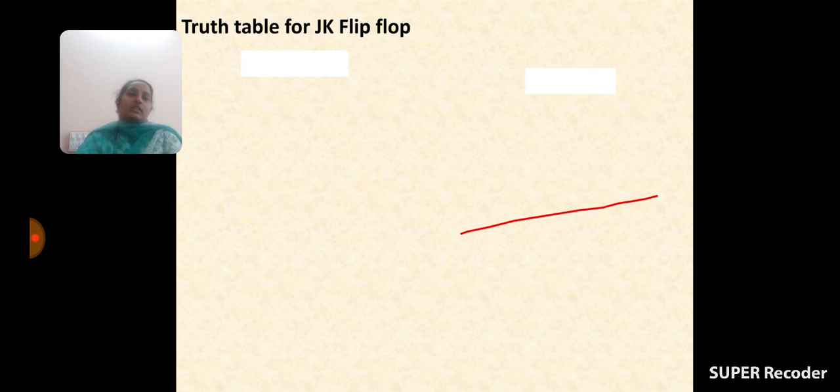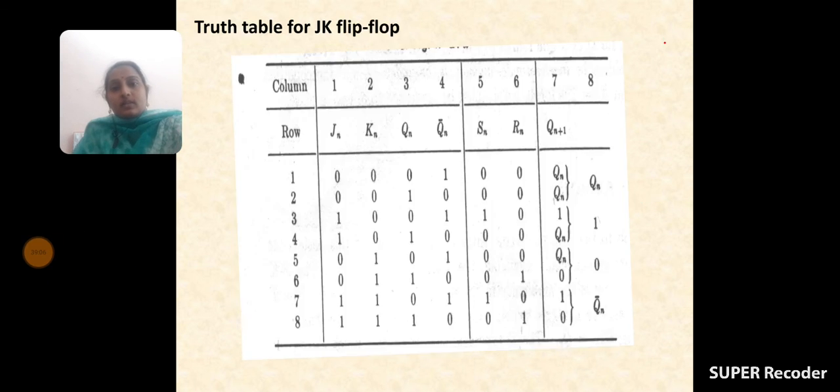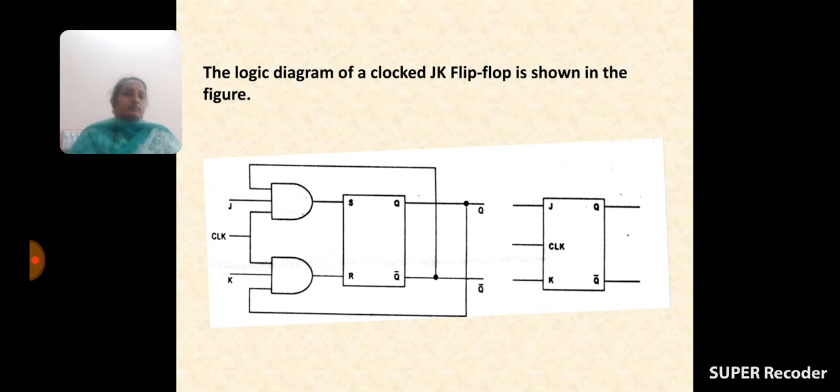So in today's class, the main topics are RS flip-flop, construction, symbol, truth table, and also JK flip-flop, construction, symbol, truth table.